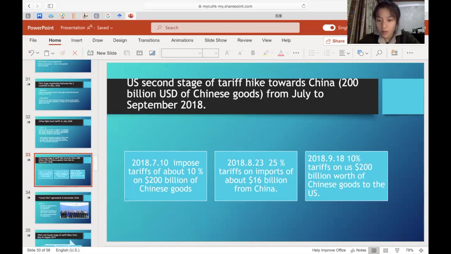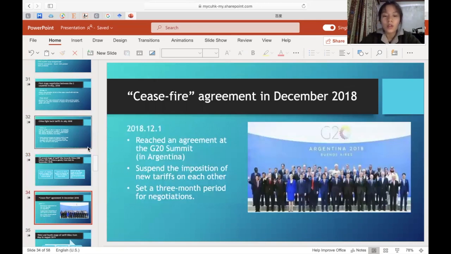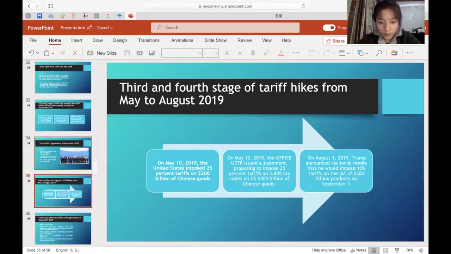Then comes the ceasefire agreement in December 2018. They reached an agreement at the G20 summit and suspended the imposition of new tariffs on each other, then set a 3-month period for negotiations.